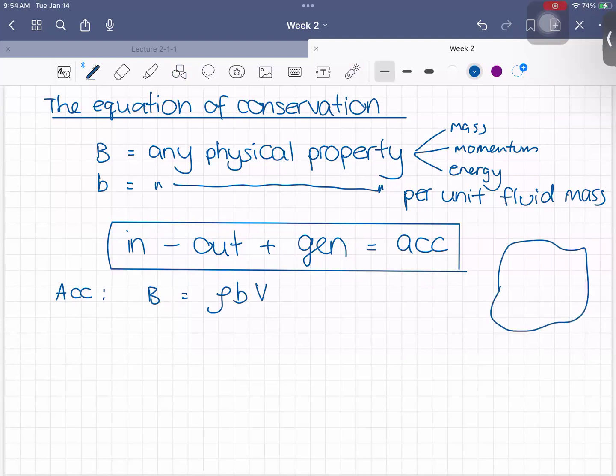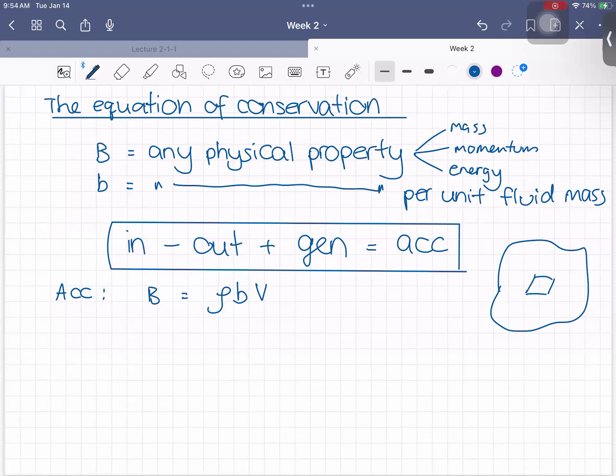Let me show you with this example. If I have a system like this, in terms of transport phenomena we don't have to take the whole piece into account. We can just consider a small area or small volume.